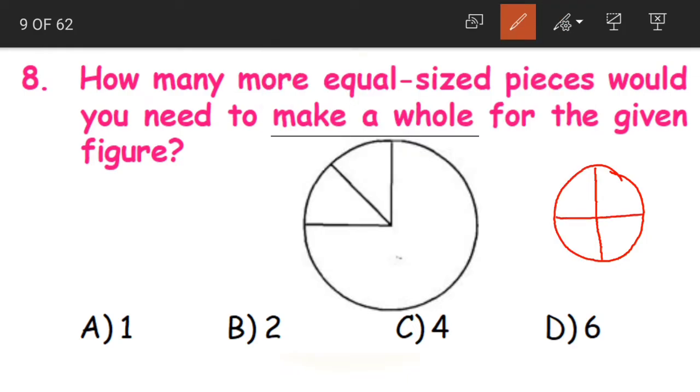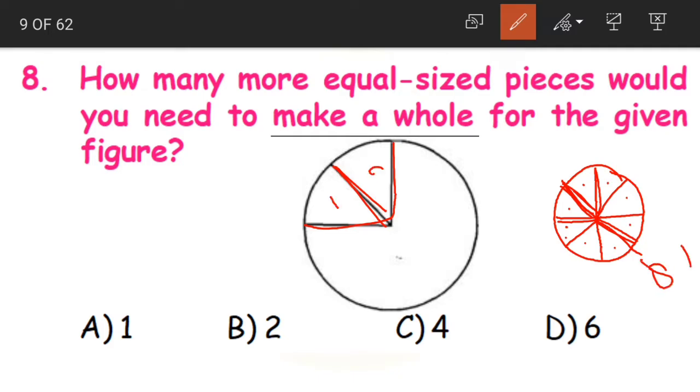Now normally we divide a circle into 4 equal parts. But here each such equal part is divided into 2. Yes or no? So we need to divide all these parts into 2. Now if you look at the figure, we need 1, 2, 3, 4, 5, 6, 7, 8 pieces in all.